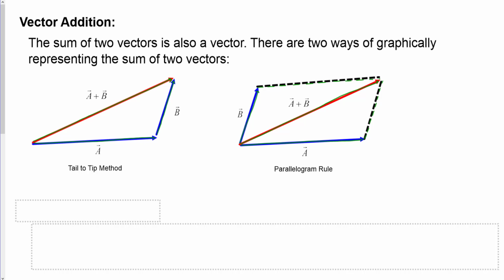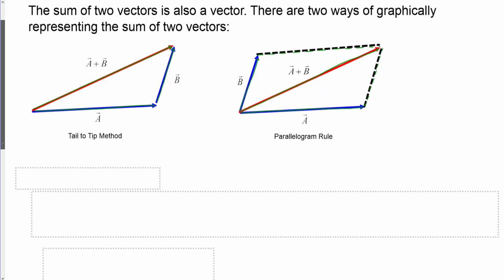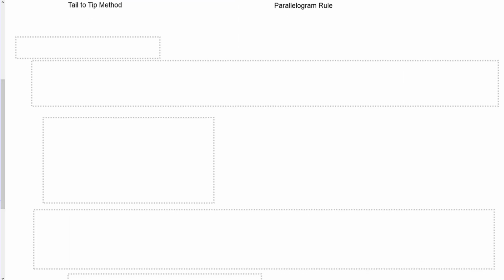The diagonal is the sum of those two vectors. So graphically, that's what is always going to happen with the sum of vectors.